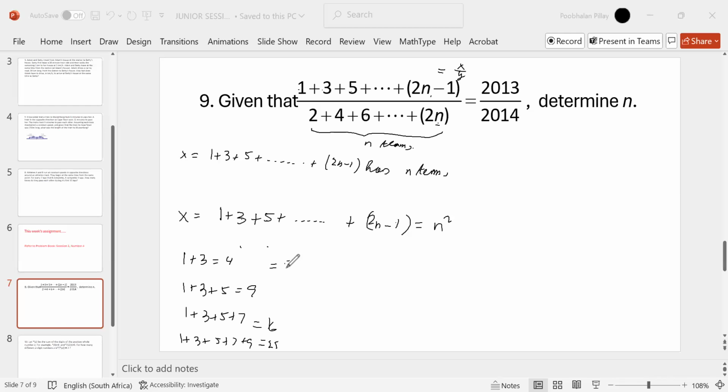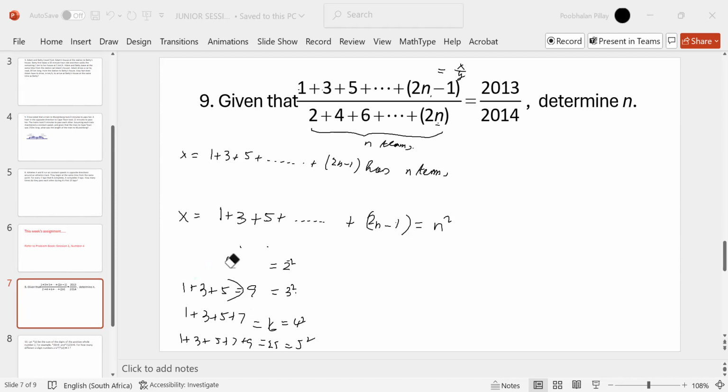You see, here you got 2 squared, here 3 squared, here 4 squared, here 5 squared. So this 2 is the number of terms here, 3 is the number of terms here, and 5 is the number of terms. So n is the number of terms, squared. All right, so that's a very interesting, beautiful formula.